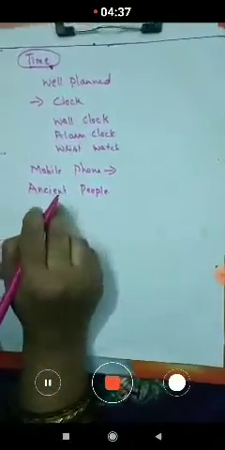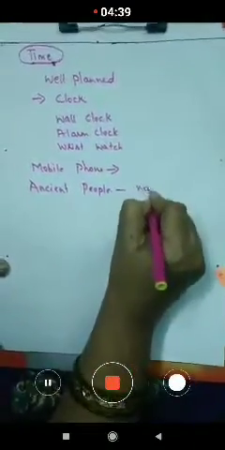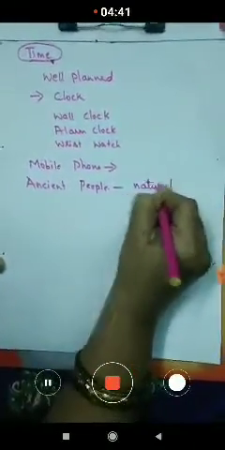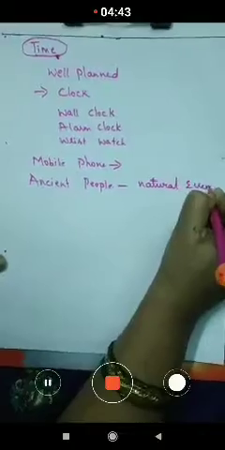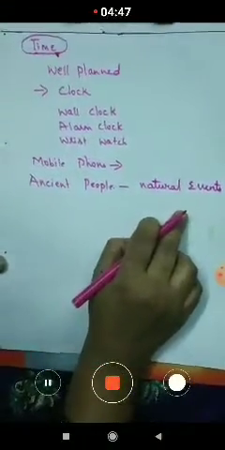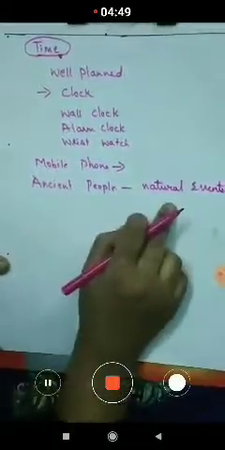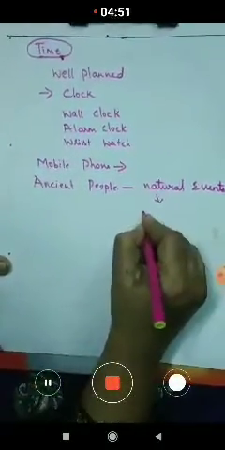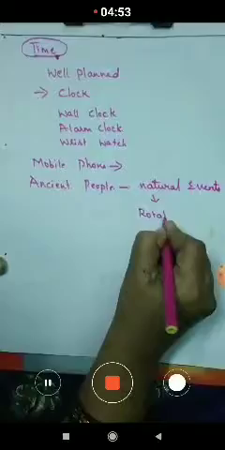how did they get the idea of time? They were totally depending on the natural events, the natural events that occur at regular intervals of time. Which were those natural events?